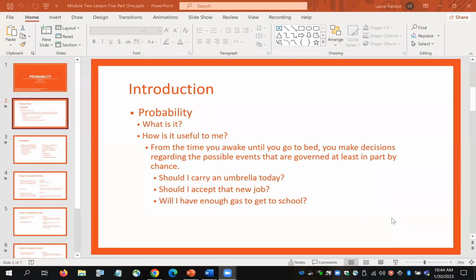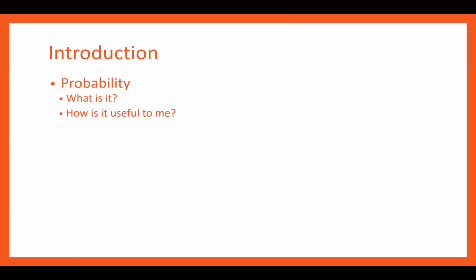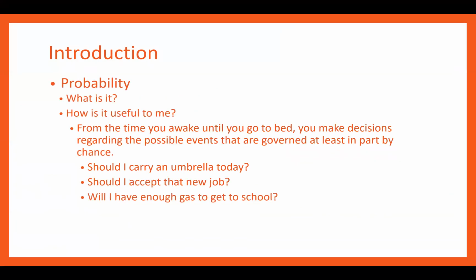And then the third question there is, do I have enough gas to get to school this morning, or should I stop and put gas in the vehicle and risk being late? Again, we make decisions really every day.